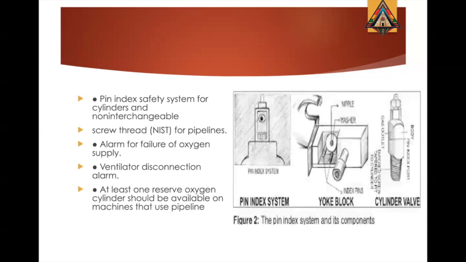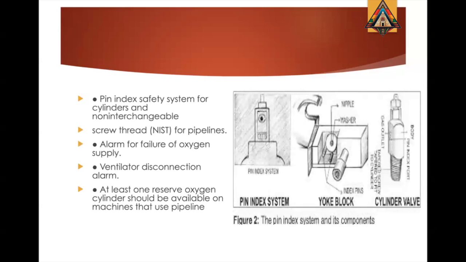One of the main safety systems is that we need to avoid wrong connections. We don't want the oxygen being connected to the nitrous oxide tubing system or the opposite. So one of the first things is the pin index safety system.